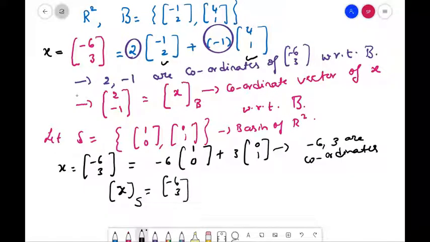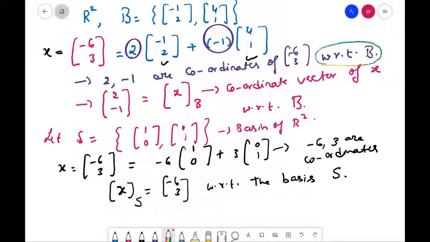Here whatever you have is with respect to the basis B. The same vector x has coordinates 2, minus 1 with respect to basis B, but with respect to basis S, its coordinates are minus 6, comma 3.